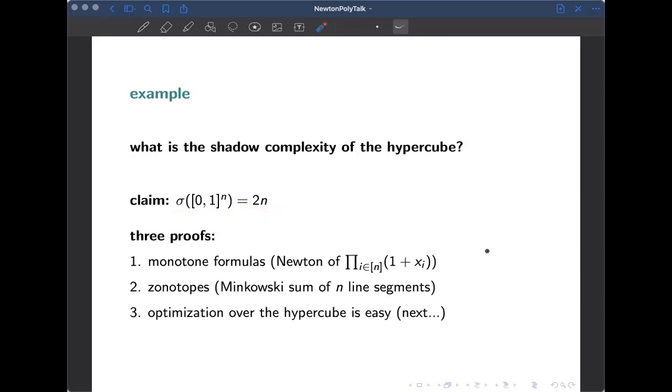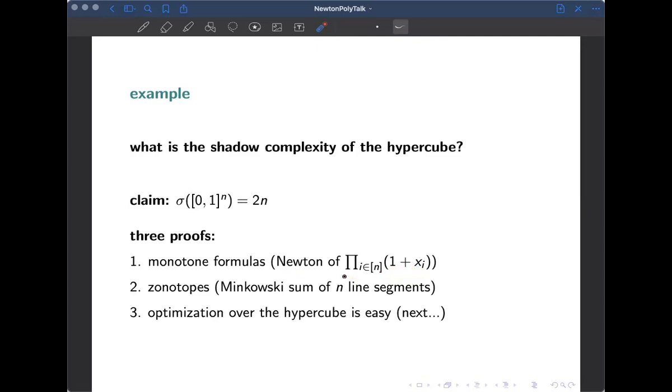And one can prove this using 3 methods that I want to go over quickly. One is to use the connection to algebraic complexity. So this is a monotone formula. The size of this formula, the number of leaves in this formula is 2n, so 1 plus x1 is 2, and then n products.